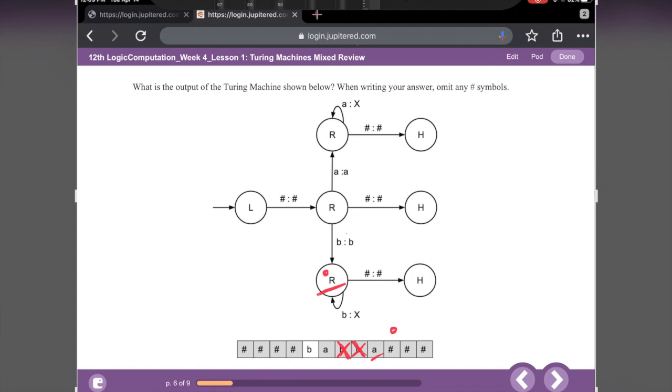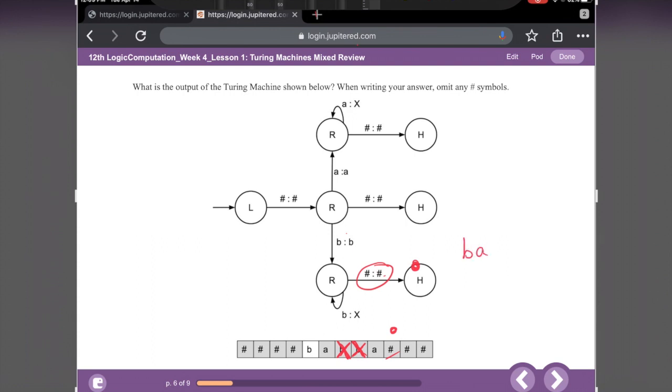Now what? We see a pound sign. If we see a pound sign, we can replace it with the pound sign. And then after following that state transition, we land here, which says that we halt. What does the tape say altogether?